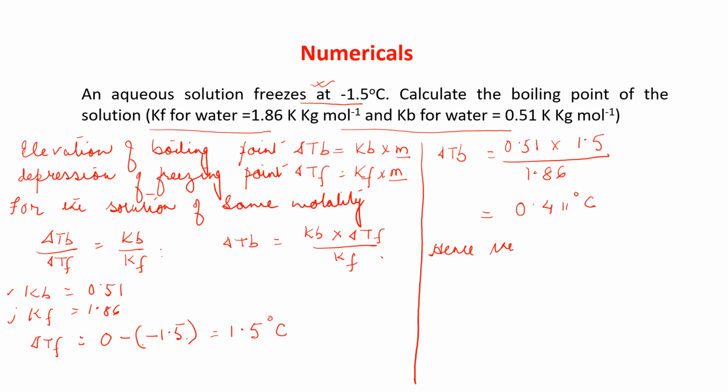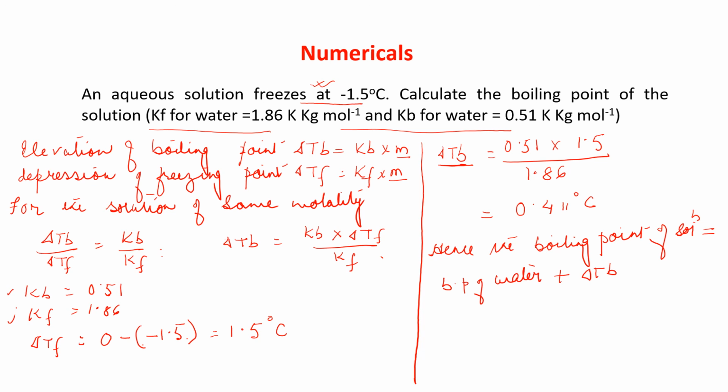Hence, the boiling point of solution is equal to, now we are getting delta TB, the difference. So this is equal to boiling point of water plus delta TB.